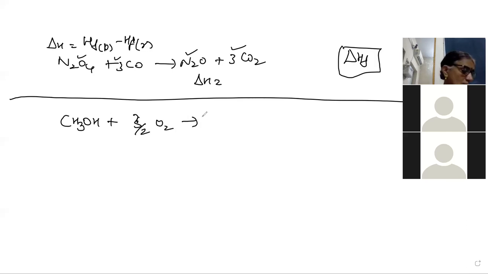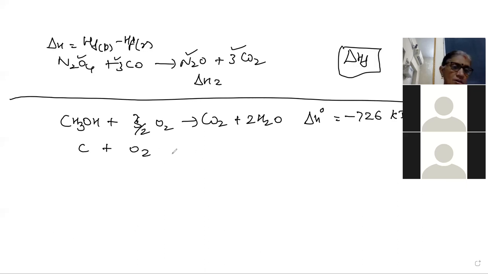See here, methanol plus 3O2 gives CO2 plus 2H2O, and del H naught for this is minus 726 kilojoules per mole. And the combustion enthalpy of carbon is given. Enthalpy of combustion of carbon is the enthalpy of formation of carbon dioxide.